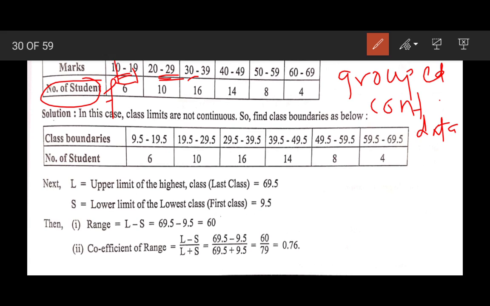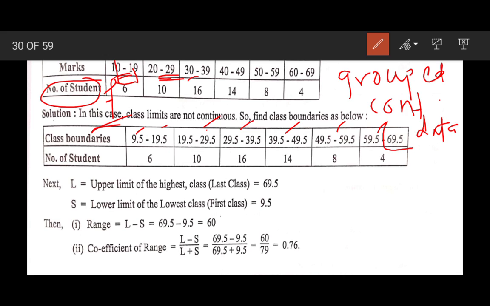So again I am getting class intervals as 9.5 to 19.5, then 19.5 to 29.5, then 29.5 to 39.5, then 39.5 to 49.5, then 49.5 to 59.5, and 59.5 to 69.5.